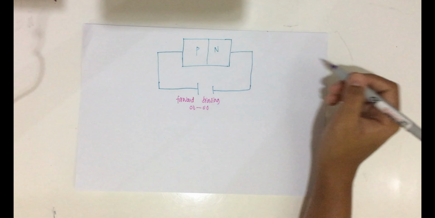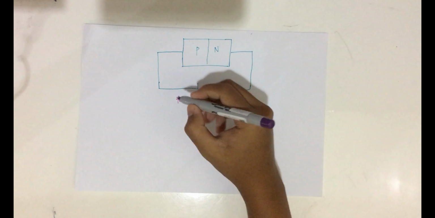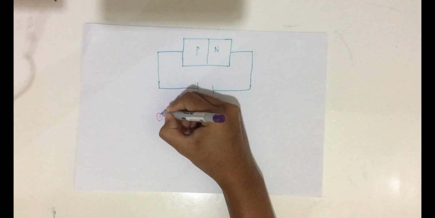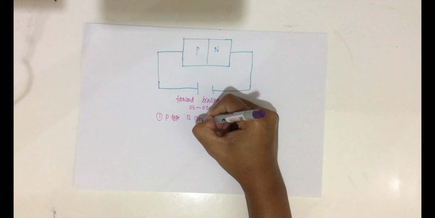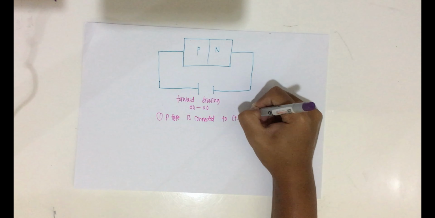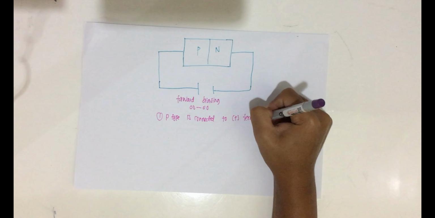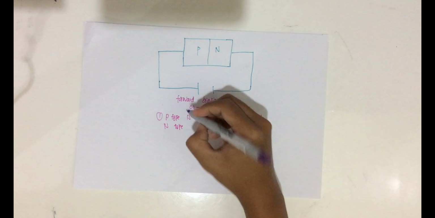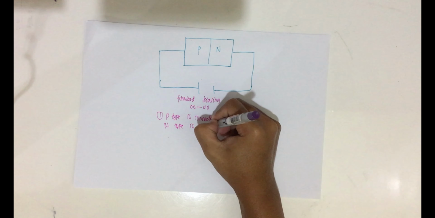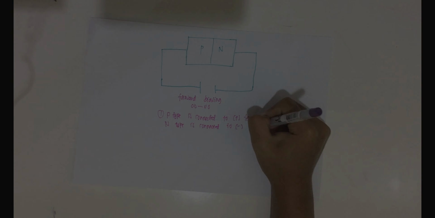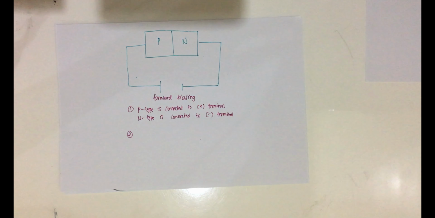For the forward biasing, make sure that the P-type is connected to positive terminal, and for the N-type is connected to negative terminal.